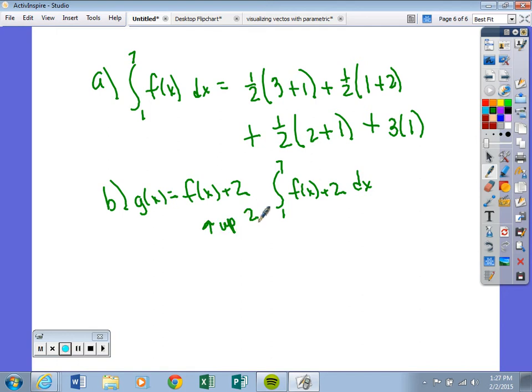It means that we're shifting up 2, which means it's going to be the answer for part A, and then we're going to add an additional rectangle at the bottom that is 2 units taller, from 1 to 7. So it'll be a rectangle that's 2 times 6, because that'll be a distance of 6 on the x-axis and 2 units taller. So it's the answer to A plus 12. Okay? All right, number 4.